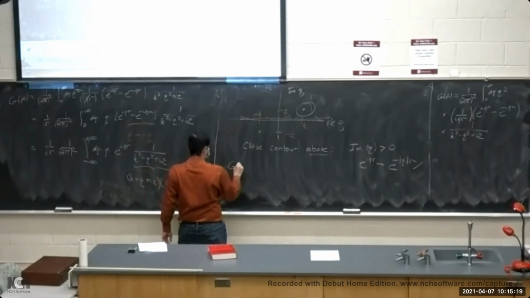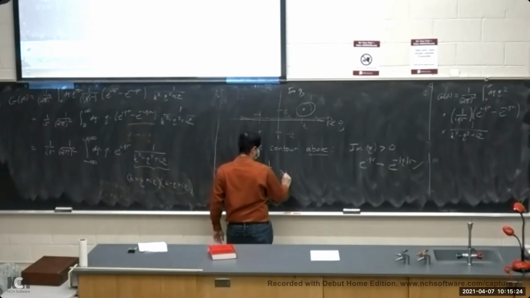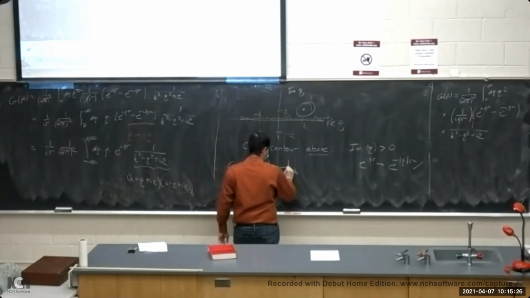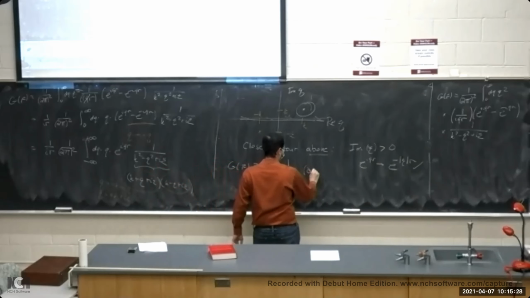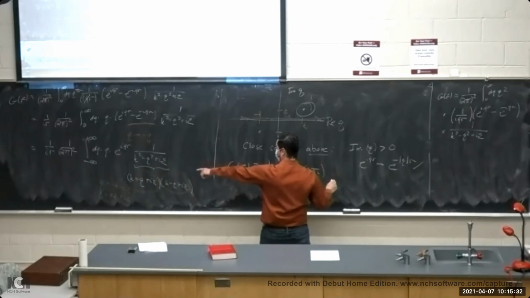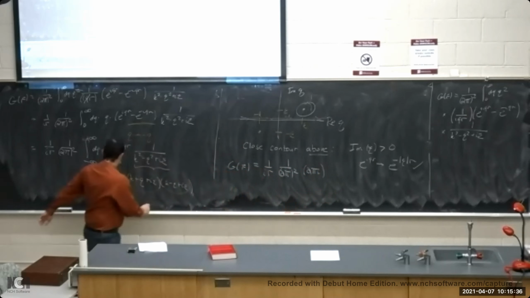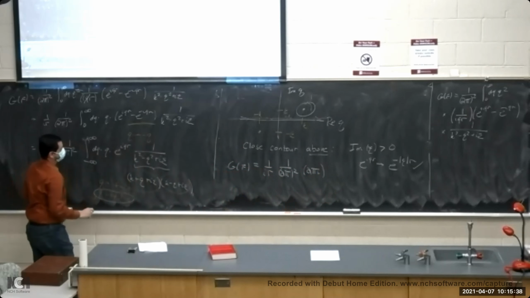So I get g of r is 1 over (2 pi) squared, times a factor of 2 pi i from closing it above, and I have to plug in the residue, this expression, when q is equal to k plus i epsilon.